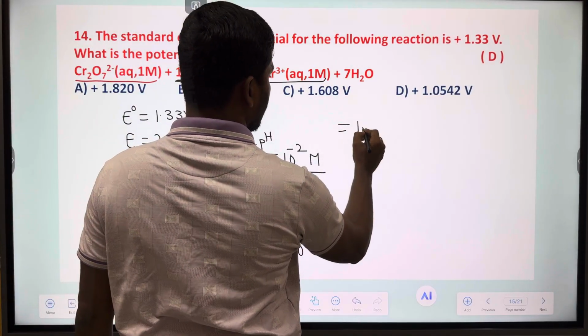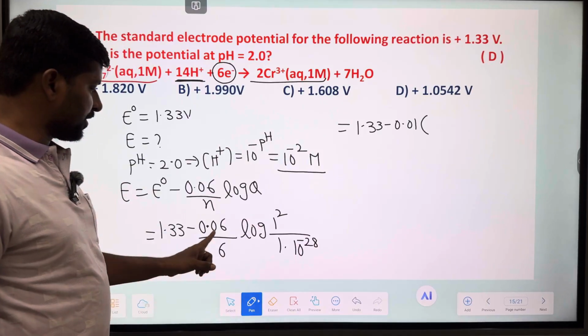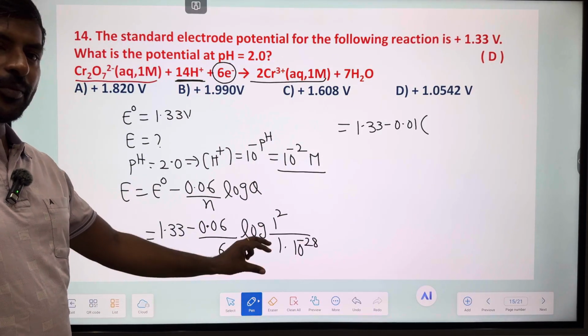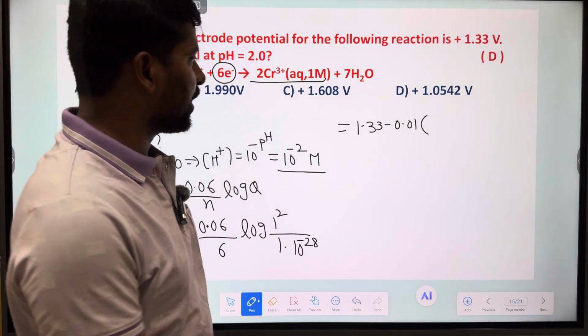So therefore 1.33 minus 0.01. If you bring this to the numerator, 10 power minus 28 becomes 10 power plus 28. Log 10 power n is n, so log 10 power 28 is 28.